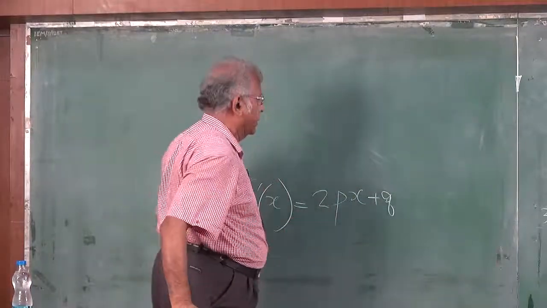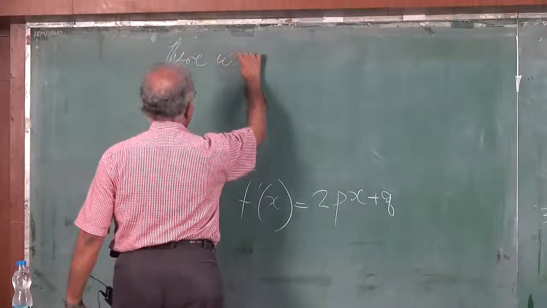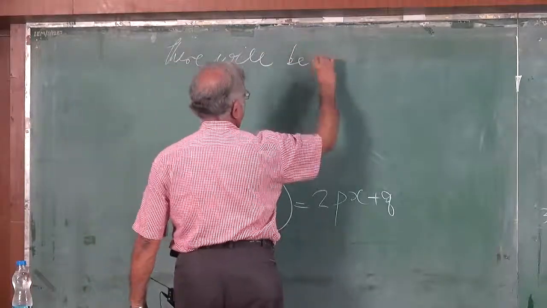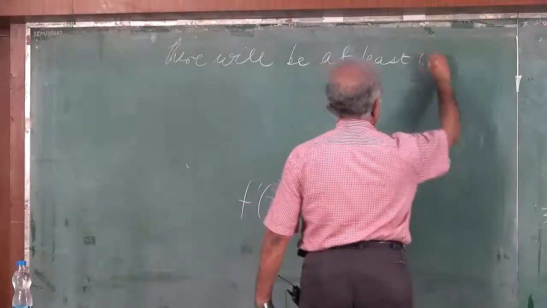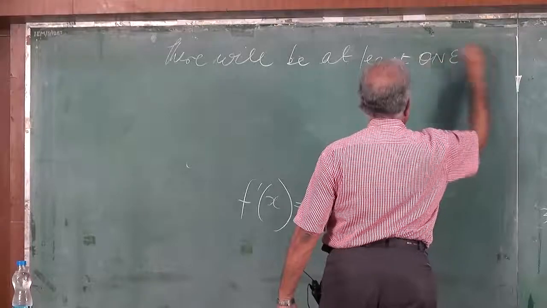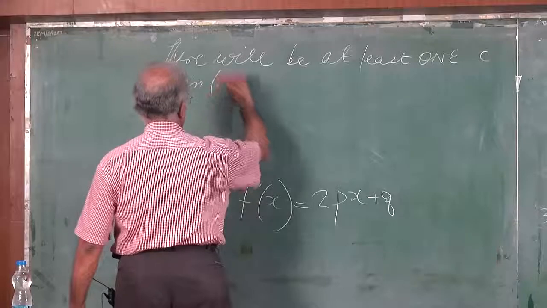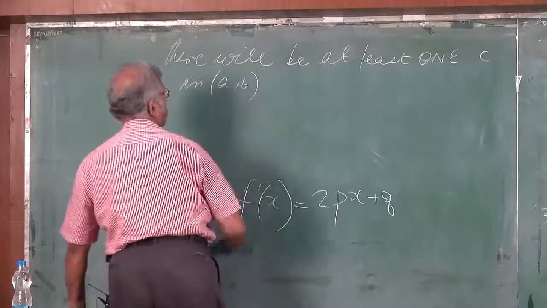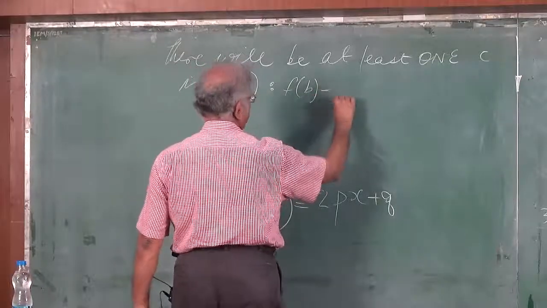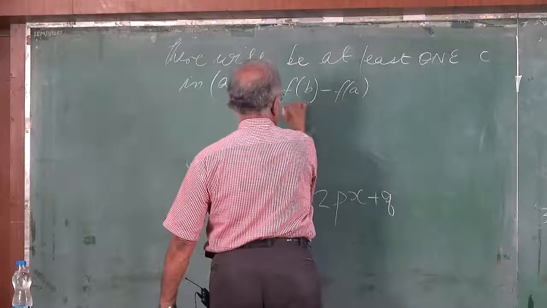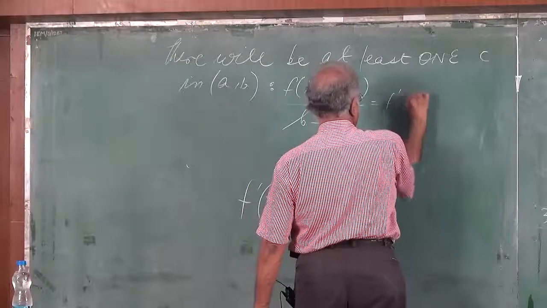LMVT states that there will be a c, at least one c in this open interval a, b, such that f(b) minus f(a) over b minus a is f dash c.